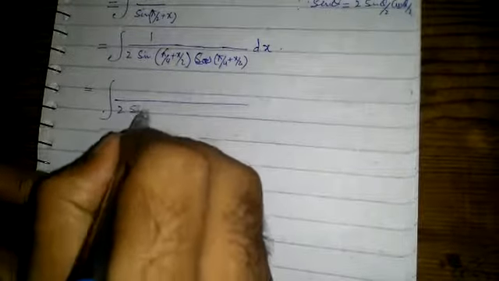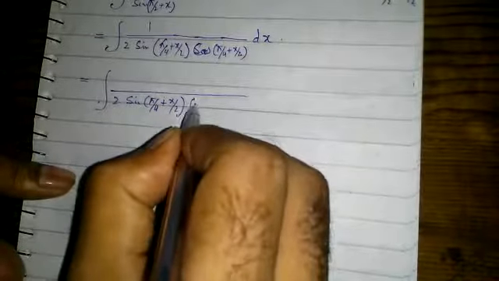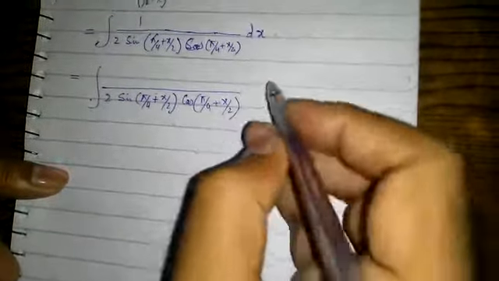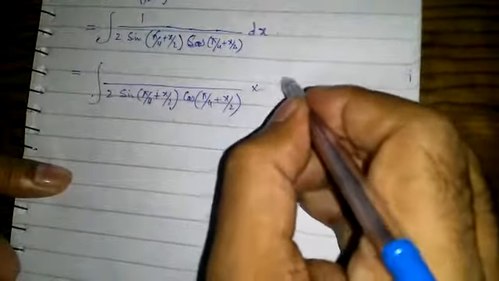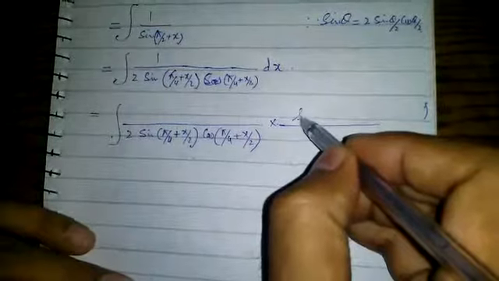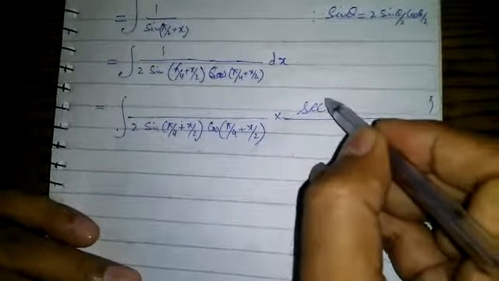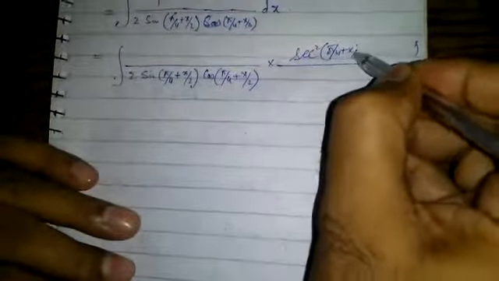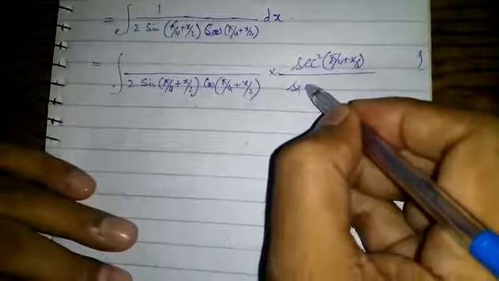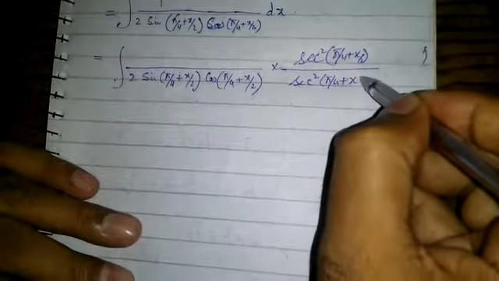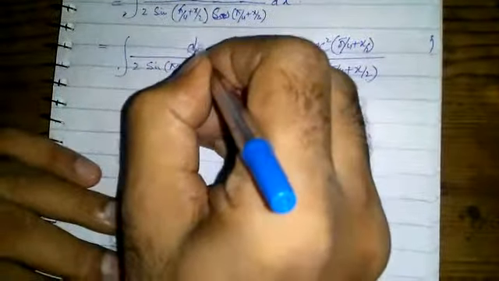Two sine pi by 4 plus x by 2 into cos pi by 4 plus x by 2, and we multiply it by secant square pi by 4 plus x by 2 over secant square pi by 4 plus x by 2, and here dx.